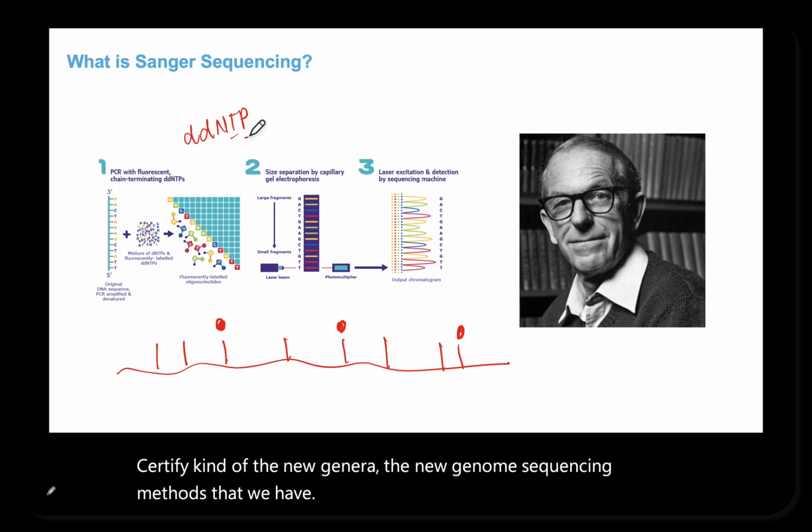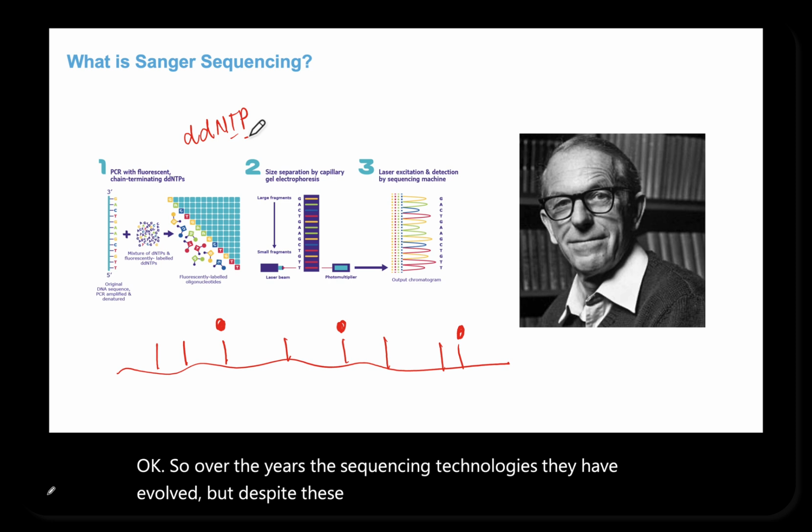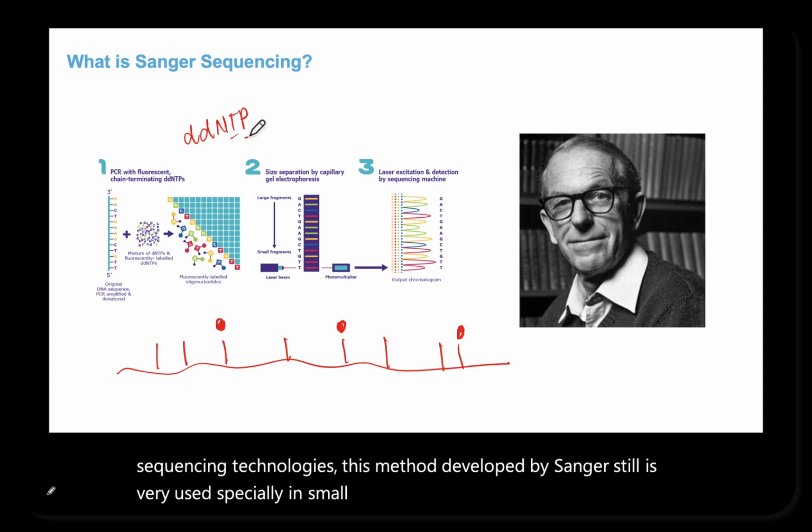Okay, so over the years, the sequencing technologies have evolved, but despite these advancements in the genome sequencing technologies, this method developed by Sanger still is very used, especially in small scale projects, okay?